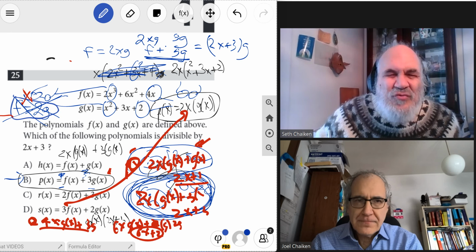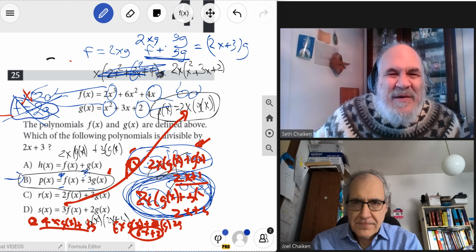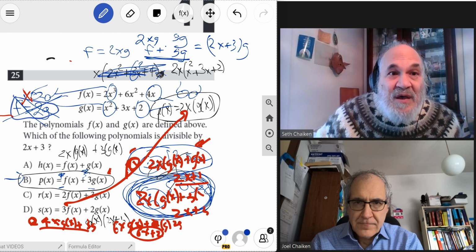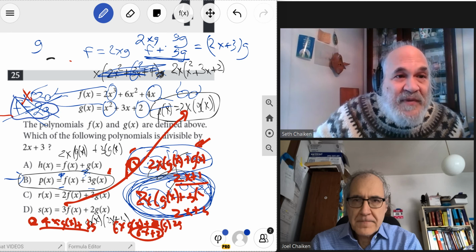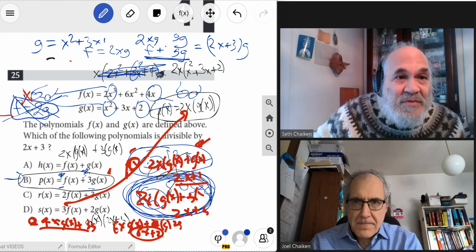Now, there's one thing we have to rule out. What if either f or g is divisible by 2x plus 3? So notice f is equal to 2x times g. And so the only possibility for f or g to be divisible by 2x plus 3 is for g to be divisible by 2x plus 3. But g equals x squared plus 3x plus 2.